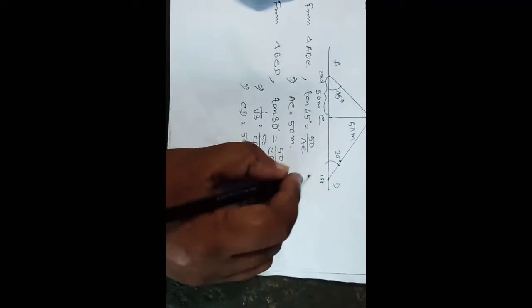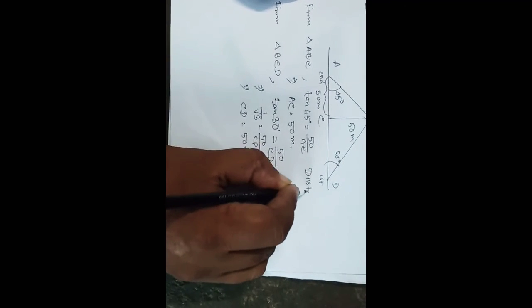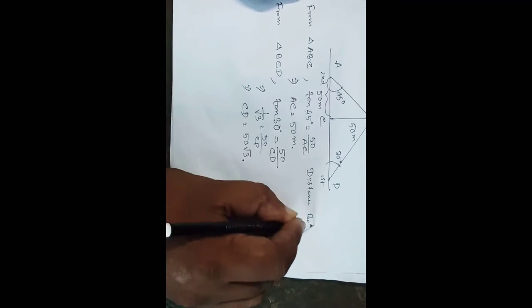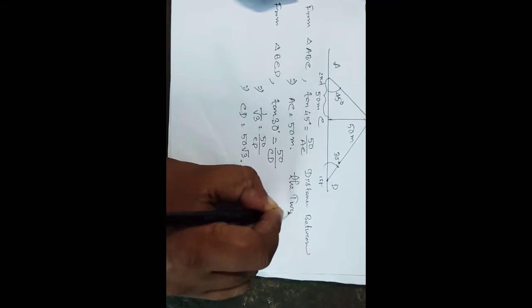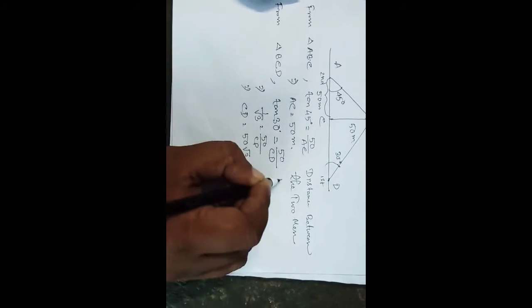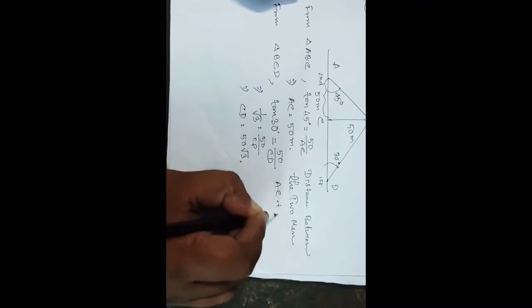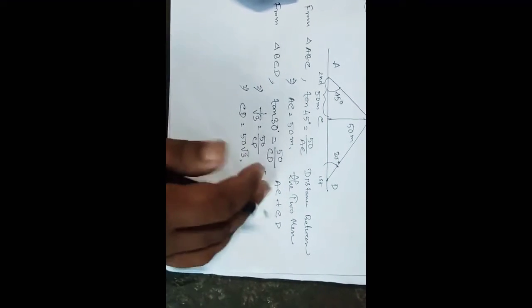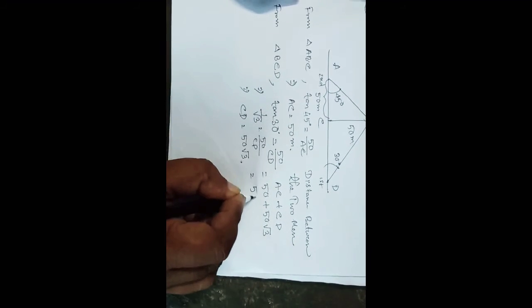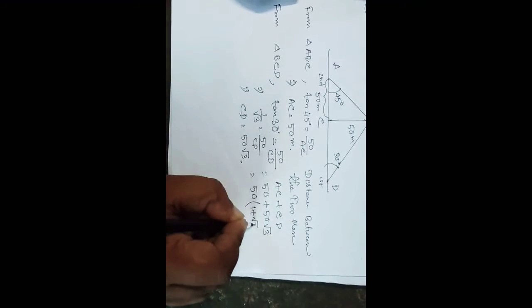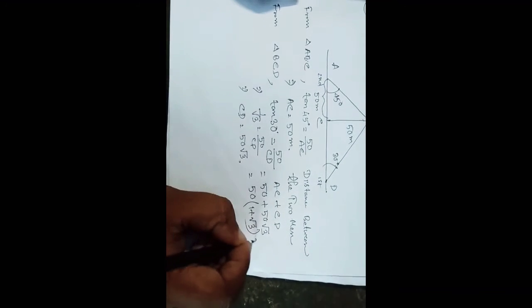So the distance between the two men is AC plus CD, which equals 50 plus 50 root 3, that is 50 plus 1 root 3 meters. This is question number 27.